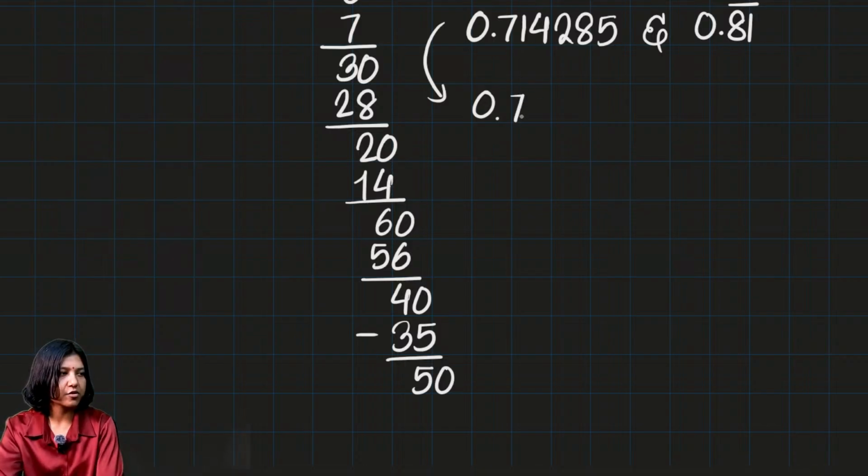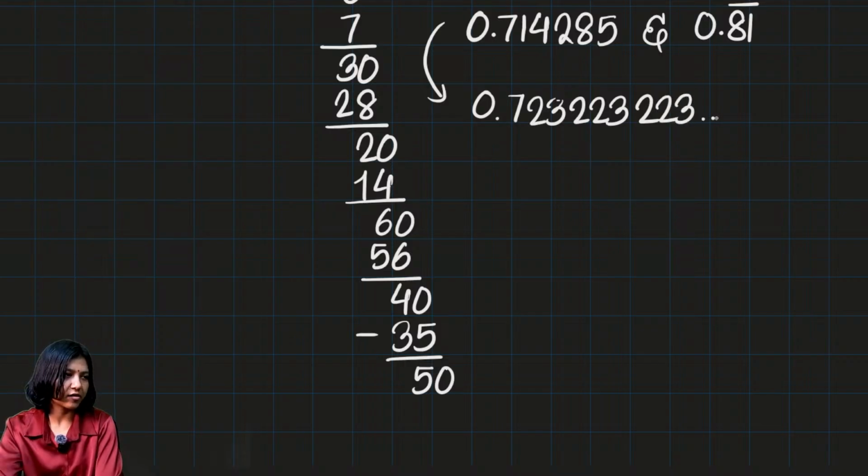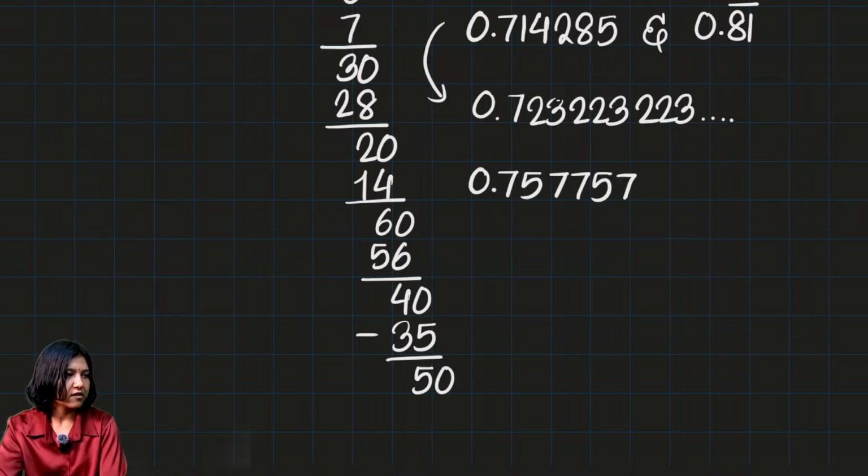So 0.72, 0.723223223, and so on. Similarly, 0.75, 0.775775775, and so on.